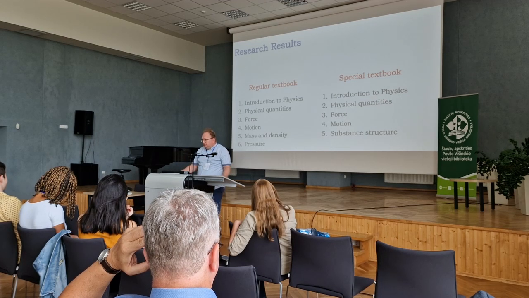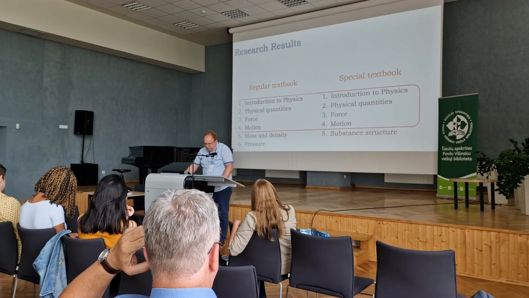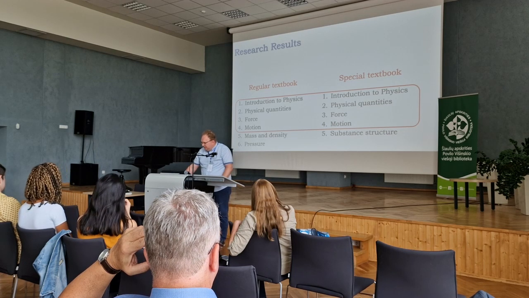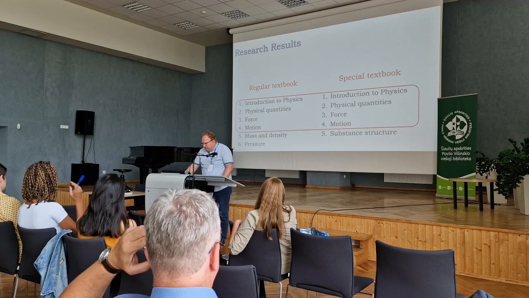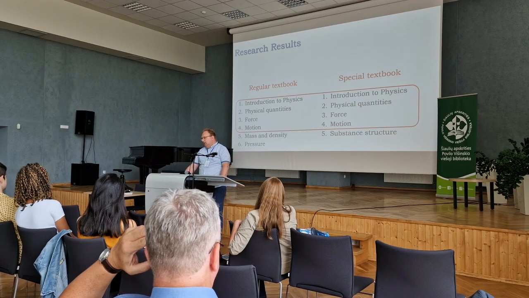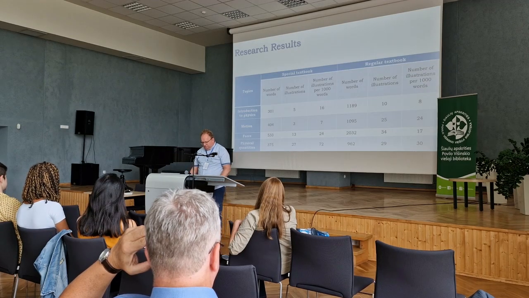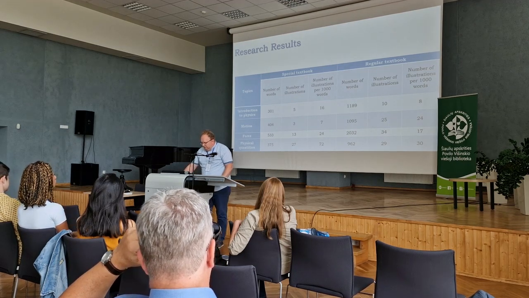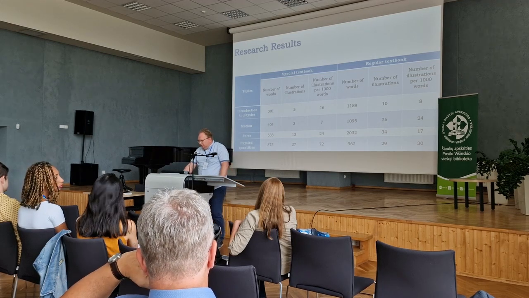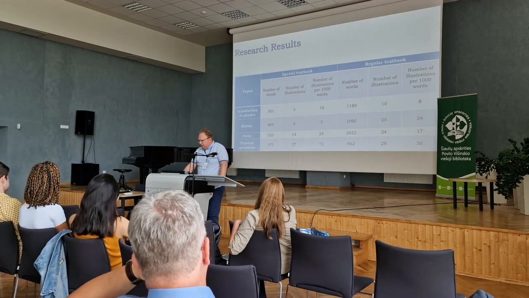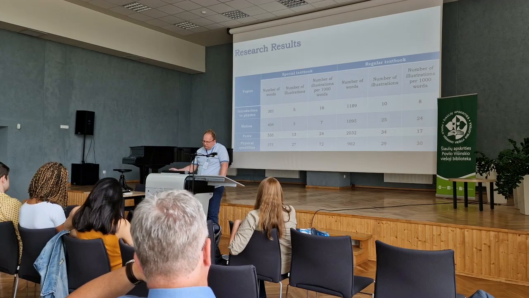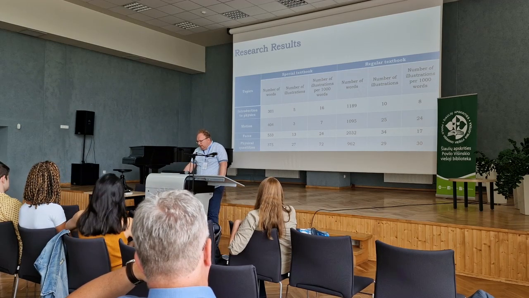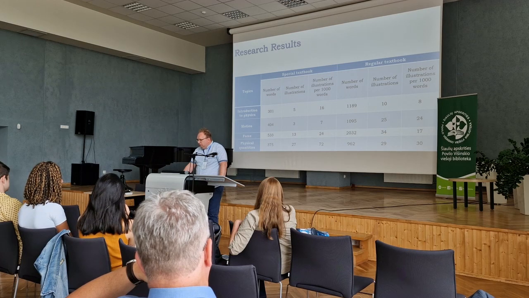So we searched for topics that can be compared in our analysis. We found only 4 of them that can be found in regular and special textbooks. Those are Introduction to Physics, Physical Quantities, Force, and Motion. To calculate relative representation, according to Dimopoulos et al., a topic needs to have at least 1,000 words.